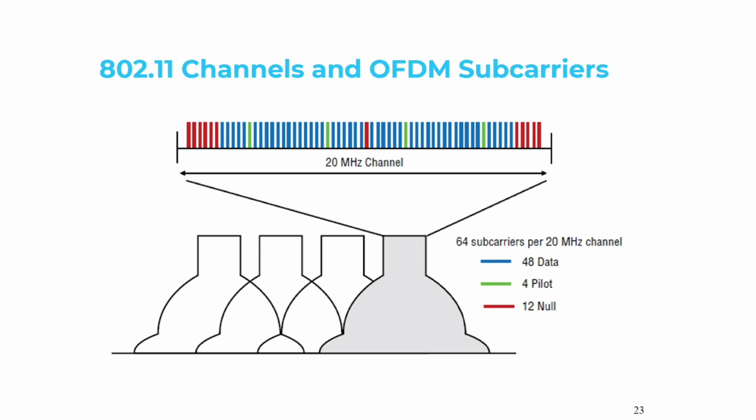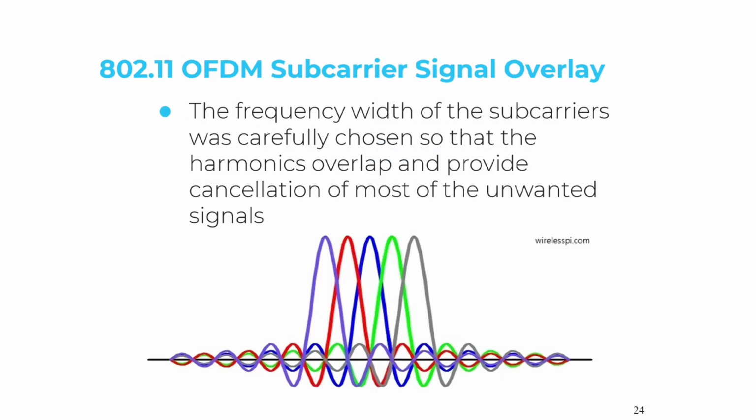Syncing up happens because we're able to reference those four and see where I am, and I can fine tune into the transmitter as a receiver. 48 of the subcarriers are used to transmit the modulated data. So OFDM is more resistant to the negative effects of multipath than DSSS and FHSS spectrum technologies.